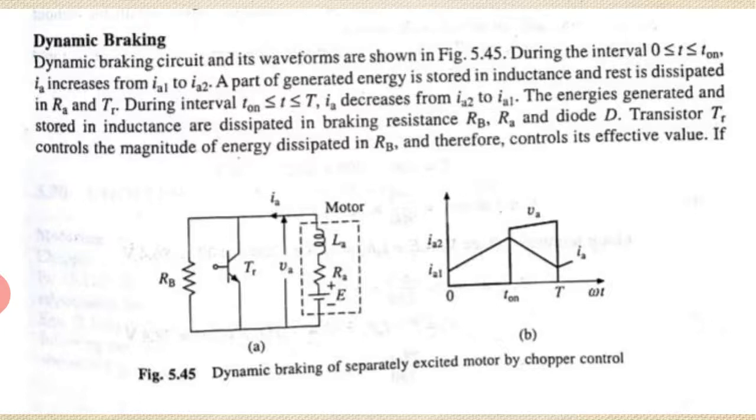When the energy is dissipated to the braking resistor, we have to place one diode.